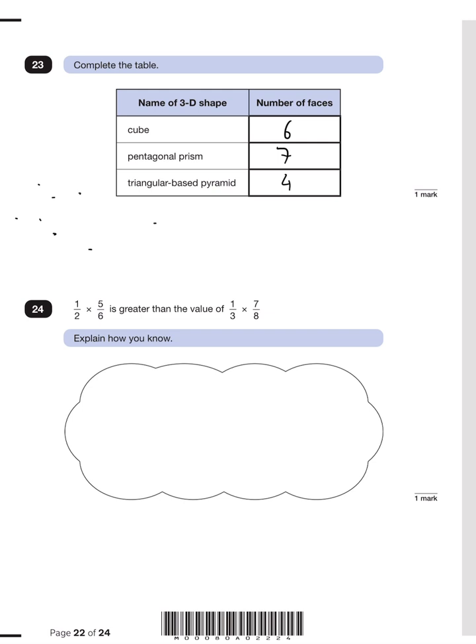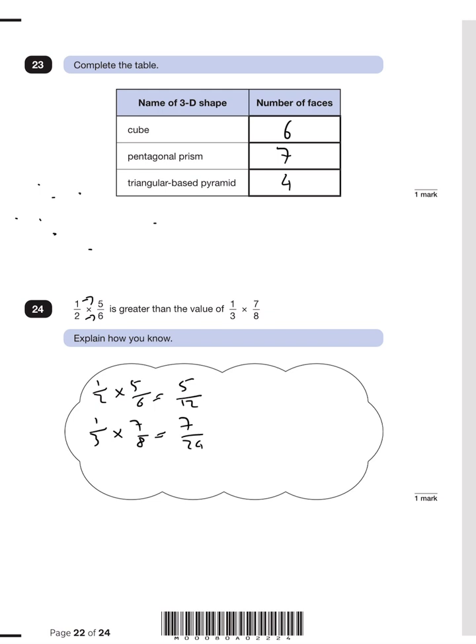Number 24. A half times 5 over 6 is greater than the value of a third times 7 over 8. Explain how you know. Well, I would just multiply across. A half times 5 over 6 is 5 over 12. A third times 7 over 8, multiply across, 7 over 24.